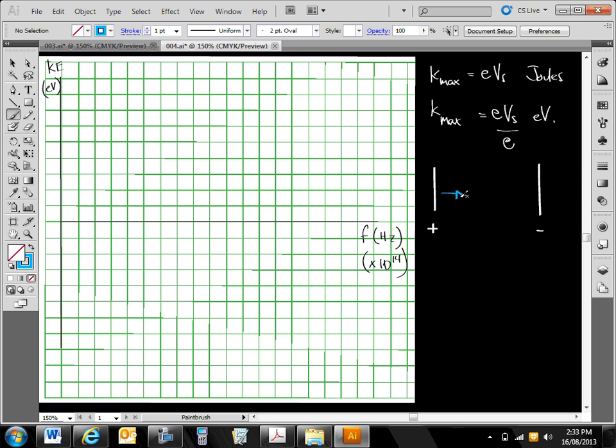I fire an electron across that. What it does is it goes up, almost gets there, turns around and comes back down to the left. Almost gets there, the electron. It's traversed that whole distance before it's slowed down to zero, basically, hasn't it?